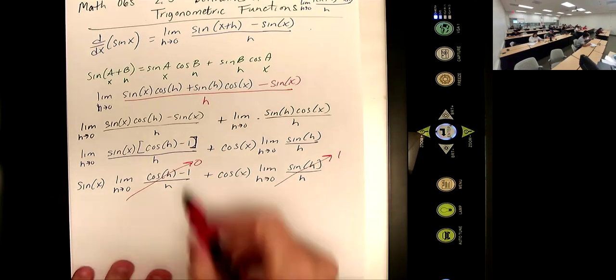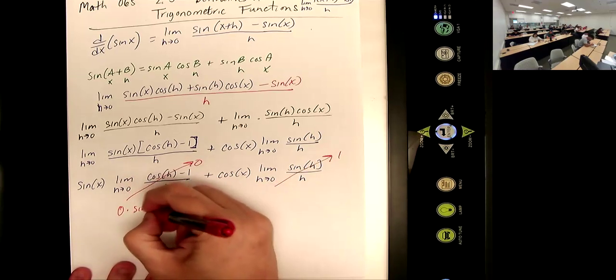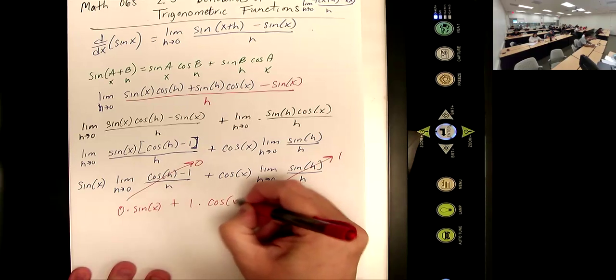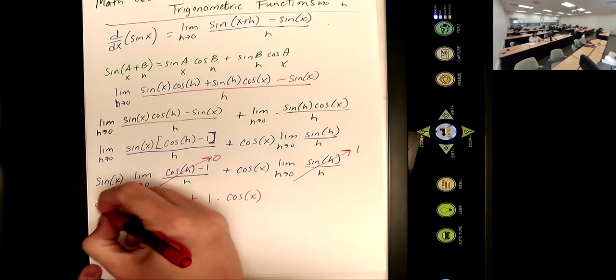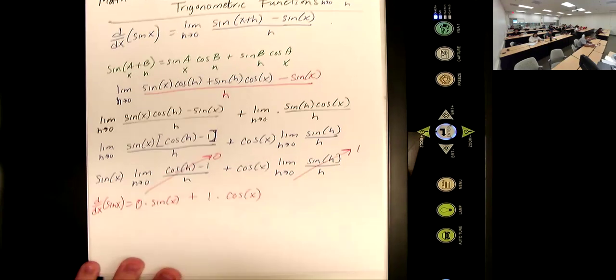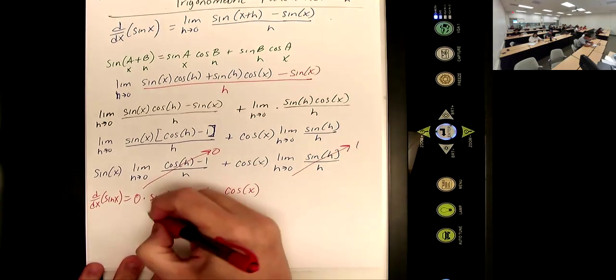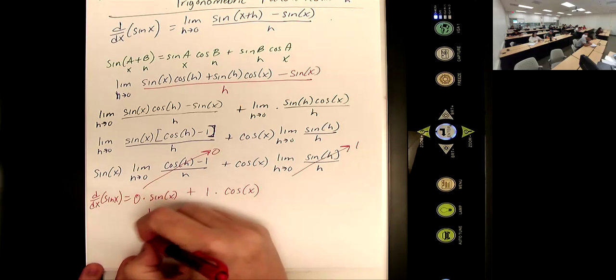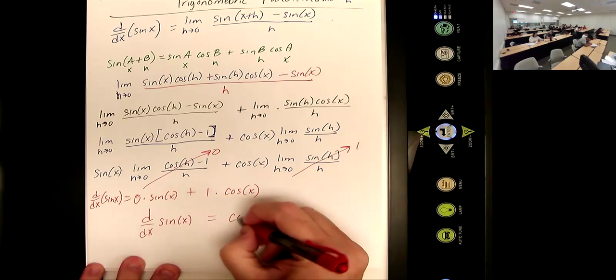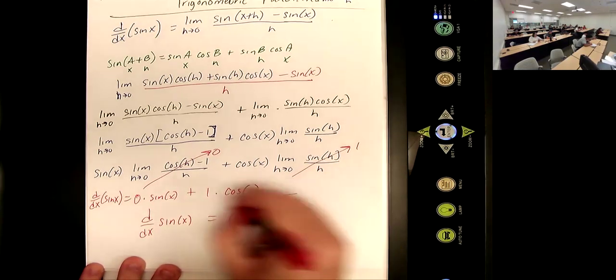So I got 0 times sine x plus 1 times cosine x. That's gonna be the derivative of sine x. That's what we started with. So as we clean that all up, the derivative of sine x is just cosine x. Boom.